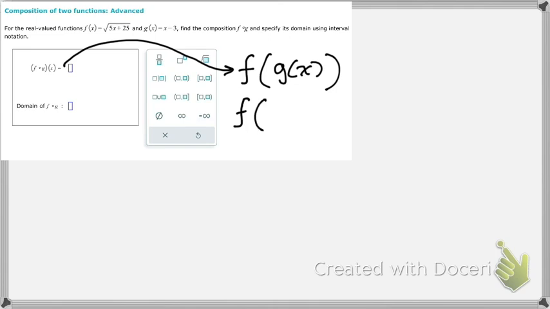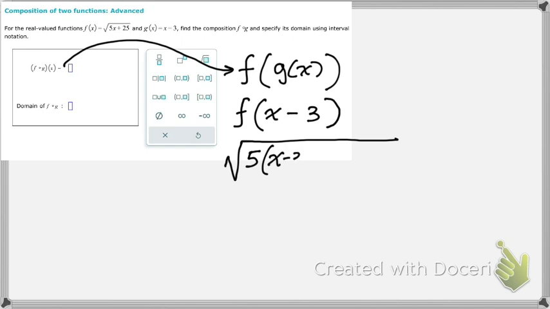That's just a substitution, very common in mathematics, looking for ways to substitute. Now I've got f of x minus 3. All of this x minus 3 is going to go in for the x over here in the function f. I'll write that out in detail: 5 times x minus 3 plus 25.